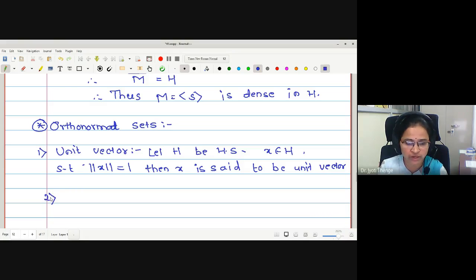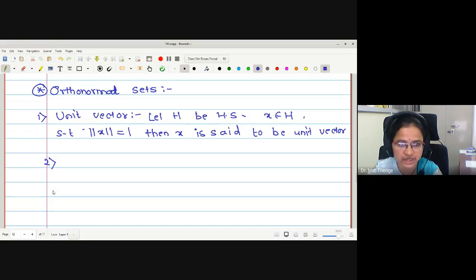Now in the definition of an orthonormal set, we are going to collect all unit vectors. In the orthonormal set, we are collecting all the unit vectors which are mutually orthogonal to one another.